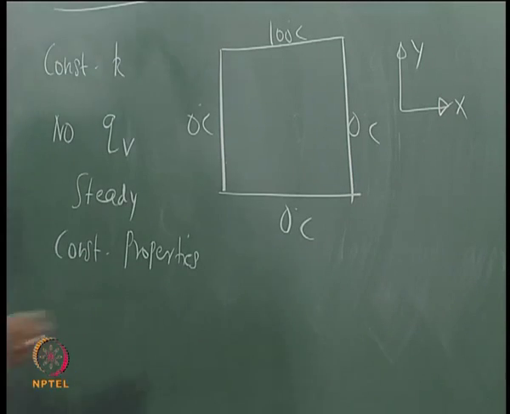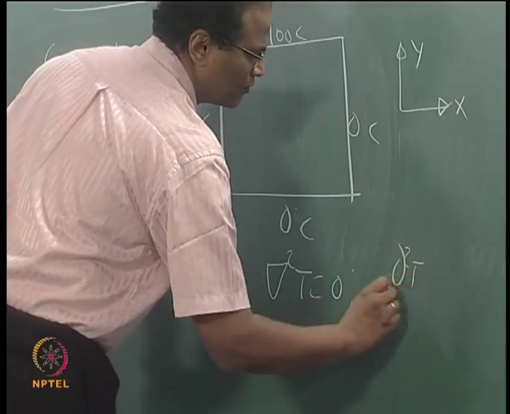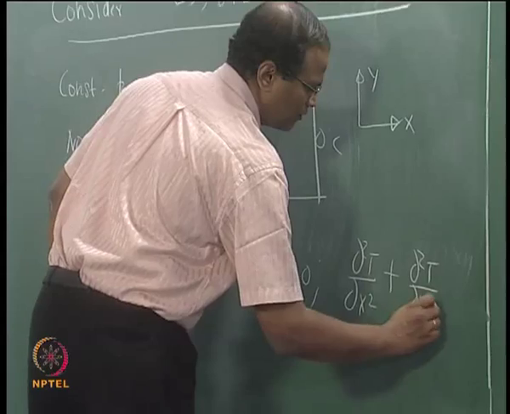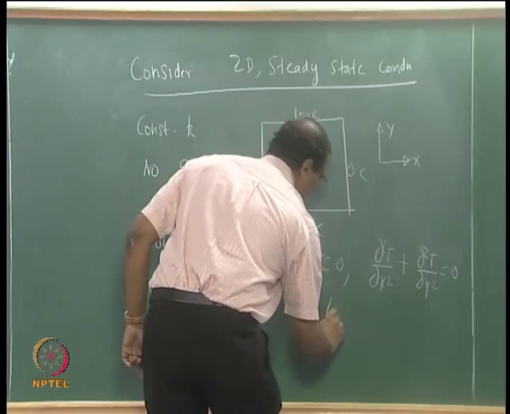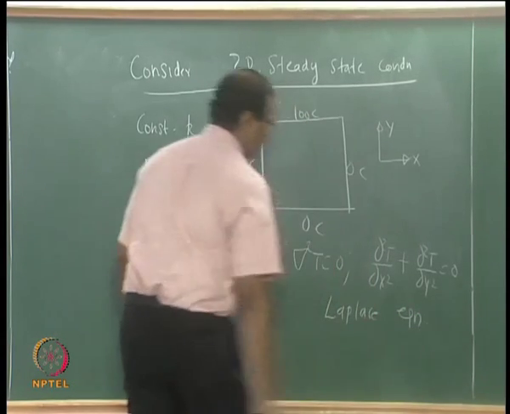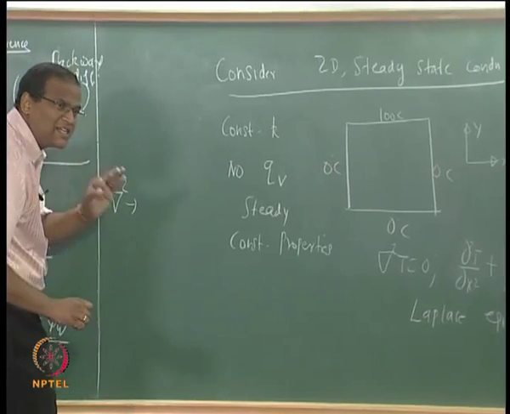So the governing equation is del square T equal to 0, correct? This is called the Laplace equation. Del square is called the Laplacian operator.